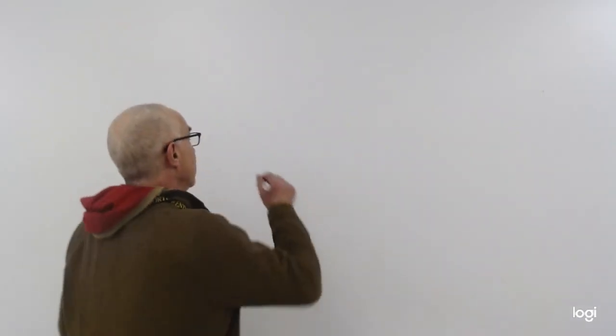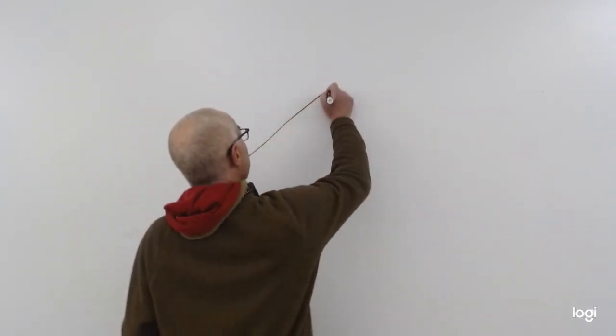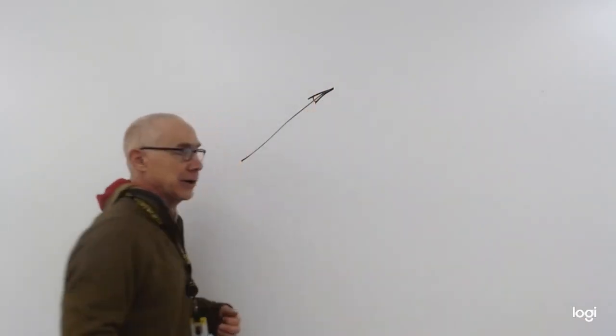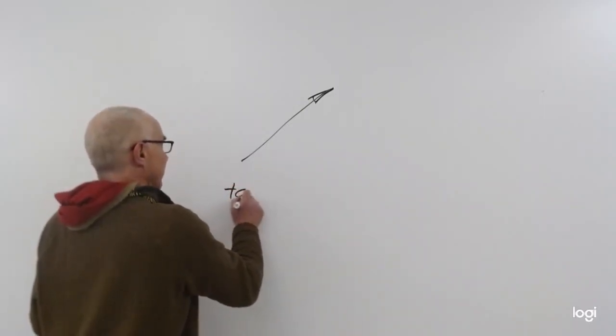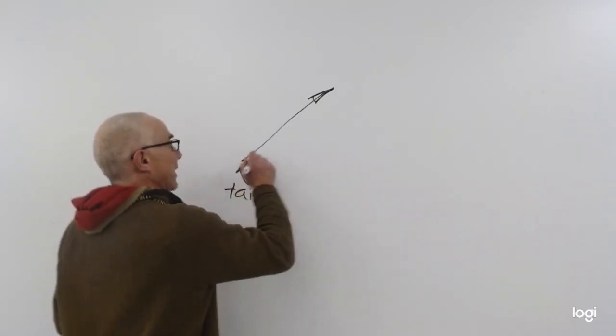So now let's discuss the graphical representation of vectors. A vector is drawn graphically as an arrow with a shaft. In the book, they sometimes talk about the tail and the head of these vectors. This is the tail, and sometimes I get it mixed up.